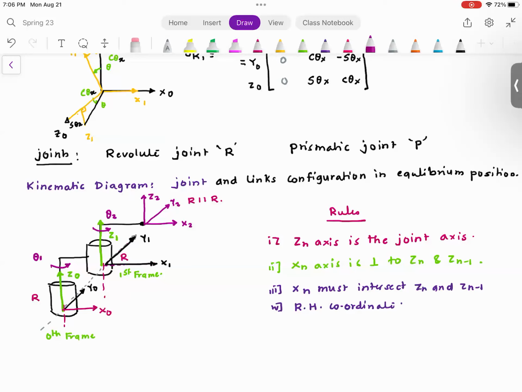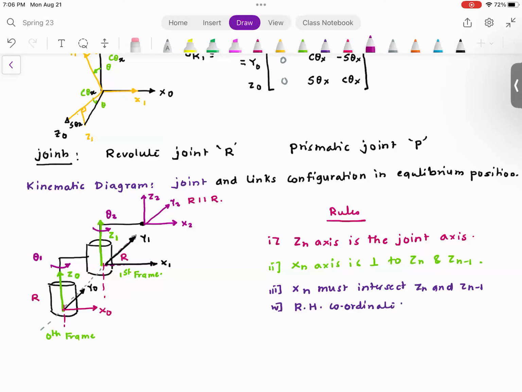After drawing the kinematic diagram, you have to set up the coordinate system. For the coordinate system, there are 4 rules. First rule is Zn is going to be the joint axis. And that joint axis for the revolute joint must go through the axis of revolution.